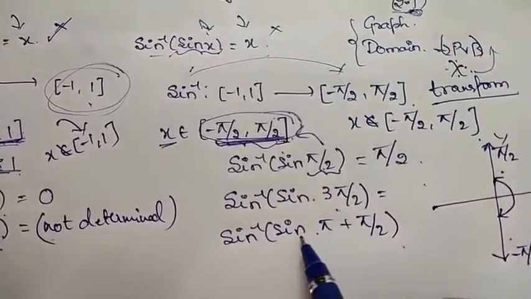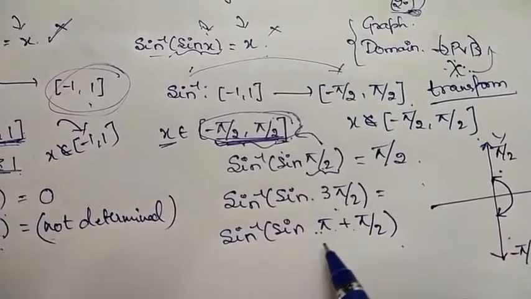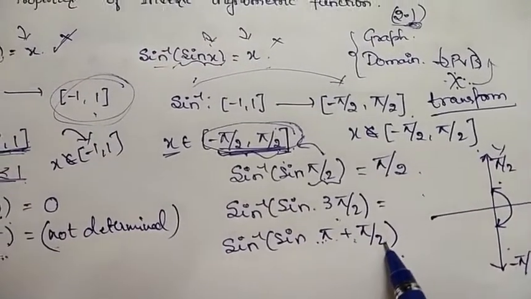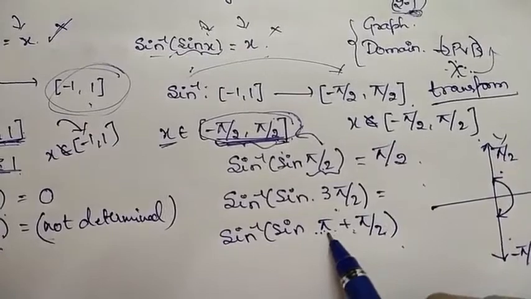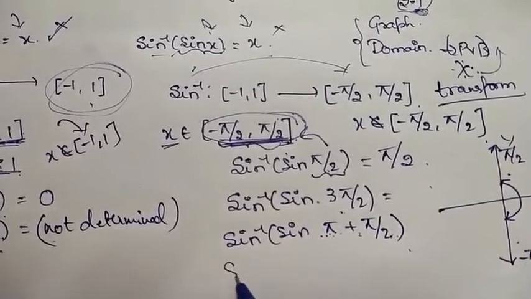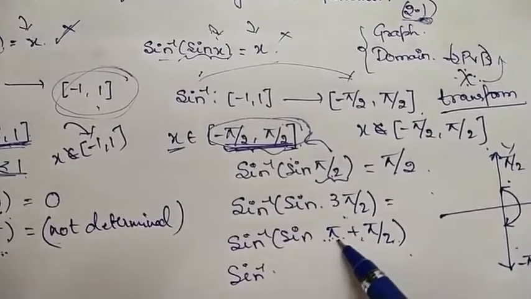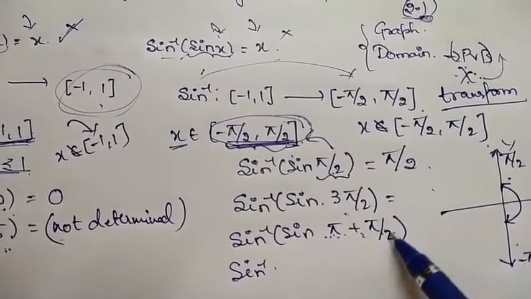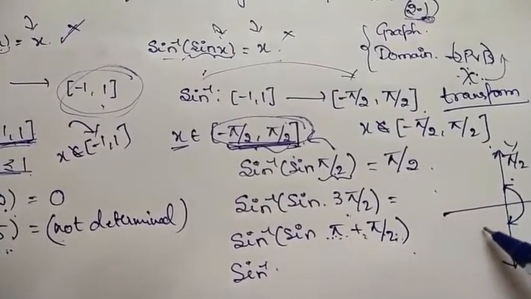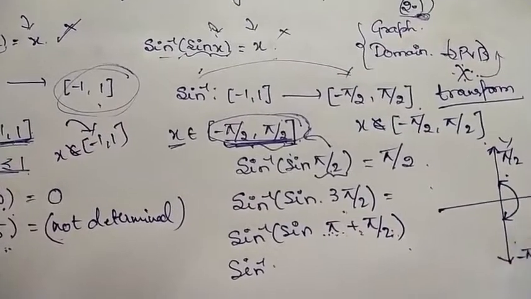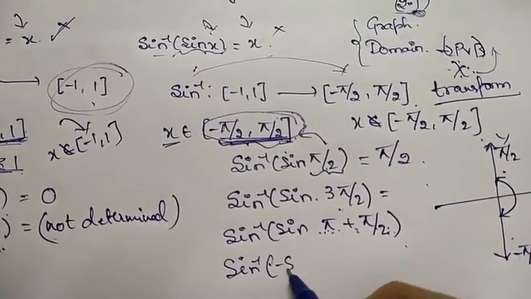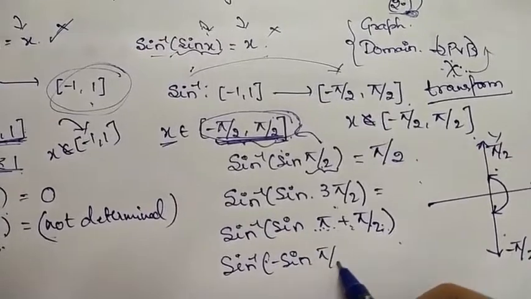We know that sine of pi plus theta, pi plus some value, comes under the third quadrant. In the third quadrant sine is negative, so it becomes minus sine pi by 2.